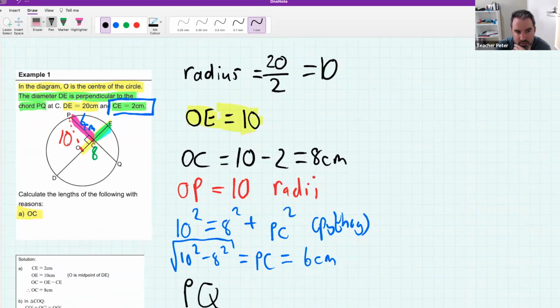Remember, you've worked out that the pink bit is 6. Is there a theorem that deals with a line coming from the center perpendicular to a chord? The theorem says that if a line comes from the center perpendicular to the chord, those two parts are going to be equal. So what is the length of PQ going to be?